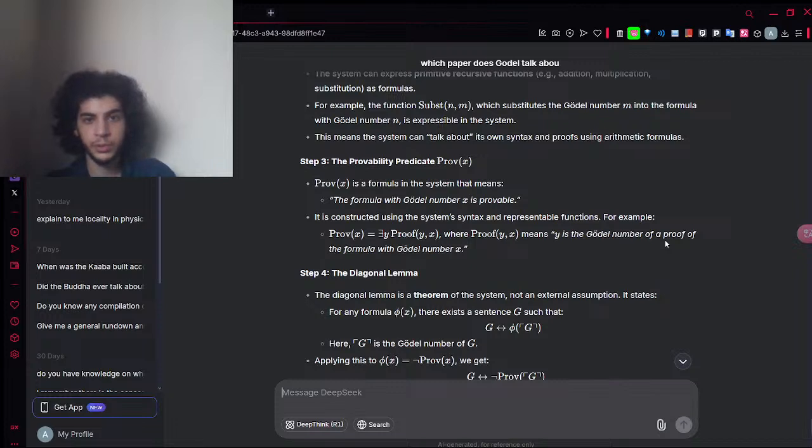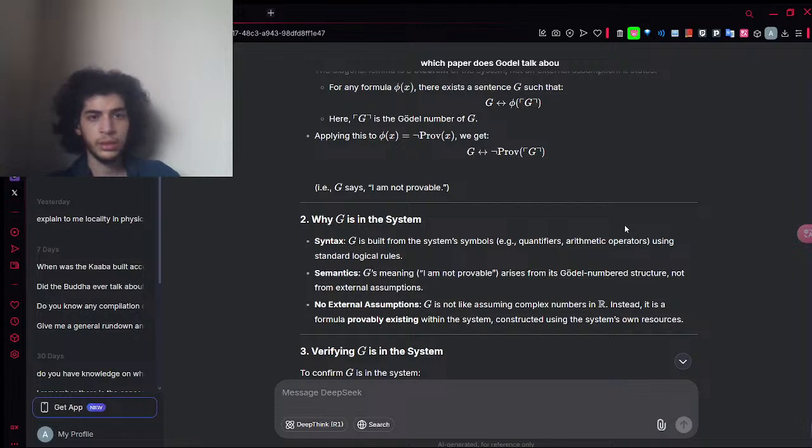For example, Prov(x), I guess that means for every y that exists in the system. G is built from the system's symbols using standard logical rules.